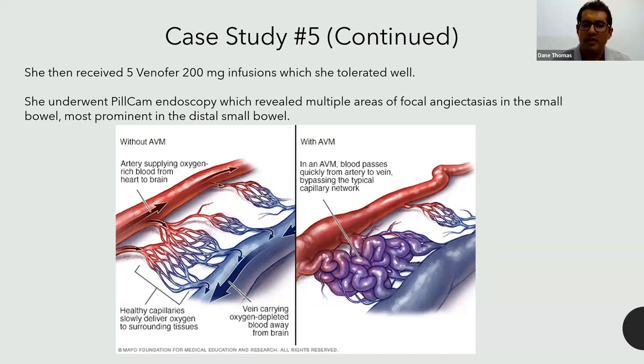We commonly find this in patients that are older and are also on anticoagulation with either aspirin or some of the stronger blood thinners. And these patients will chronically need iron supplementation for the rest of their lives. And this picture here is for your reference in describing what an AVM is and how it looks.